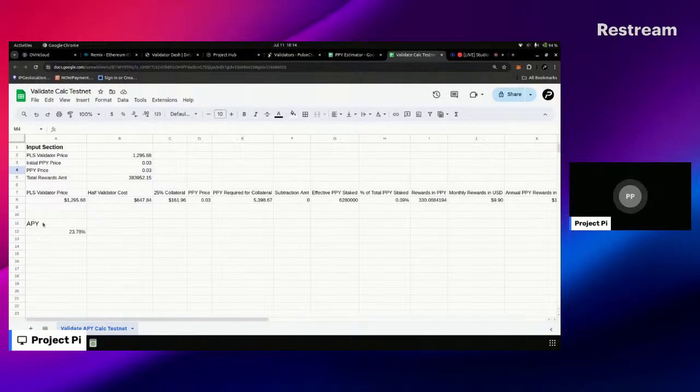So that would bring the total APY to 23.78% with 25% collateralization. And you are comparing this with a normal validator that is bringing you 9.9% APR. And so what does this all mean?